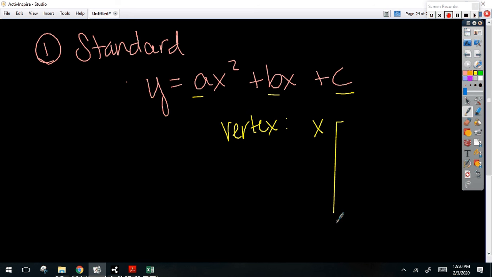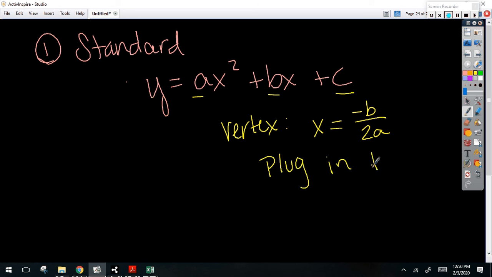Everybody's like, no. All right, so for the vertex, we do opposite B over 2A. Okay? That gives us our axis of symmetry, which is also the x part of our vertex. And then we plug in to find y.